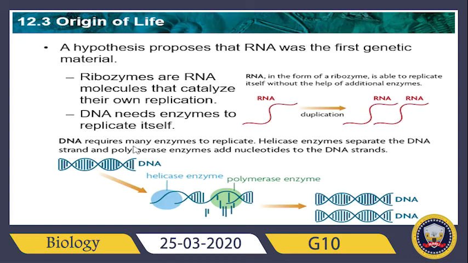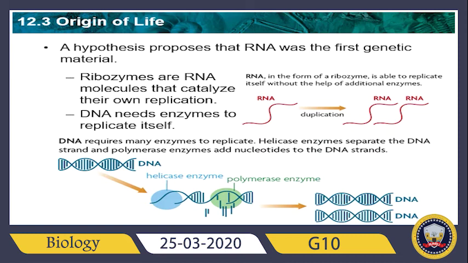As we can see in this figure, RNA can catalyze its own replication and synthesis. RNA can copy itself, chop itself into pieces, and form these pieces to make even more RNA. Unlike RNA, DNA needs enzymes to replicate itself, as we know, enzymes such as helicase and polymerase.